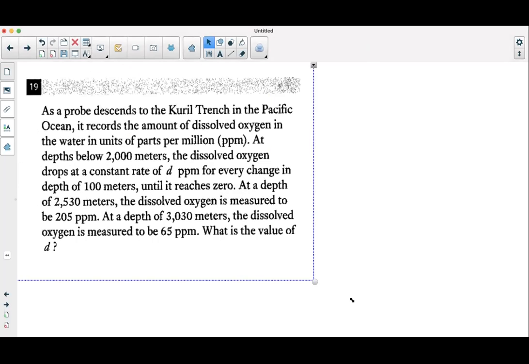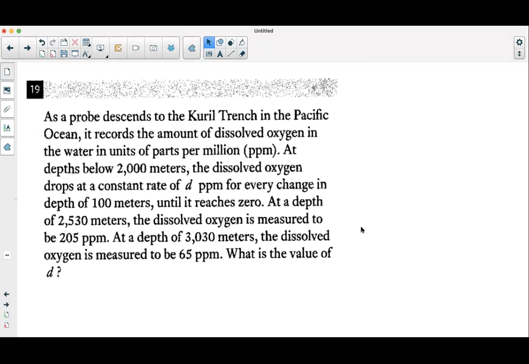All right, as a probe descends to this particular place in the Pacific Ocean, it records the amount of dissolved oxygen in the water in units of parts per million, ppm. At depths below 2,000 meters, the dissolved oxygen drops at a constant rate.